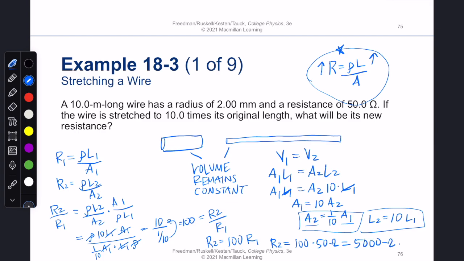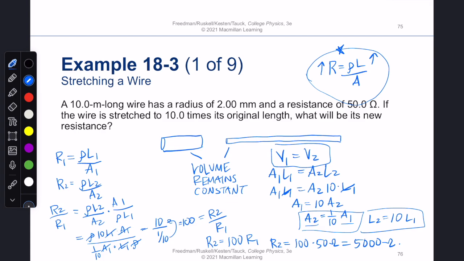Okay, so this was a tricky relationship problem, because we had some constraints here, and the constraints weren't exactly spelled out for us, right? We had to use this relationship here, the fact that the volumes are constant, in order to truly figure out by what factor the resistance increased, okay?